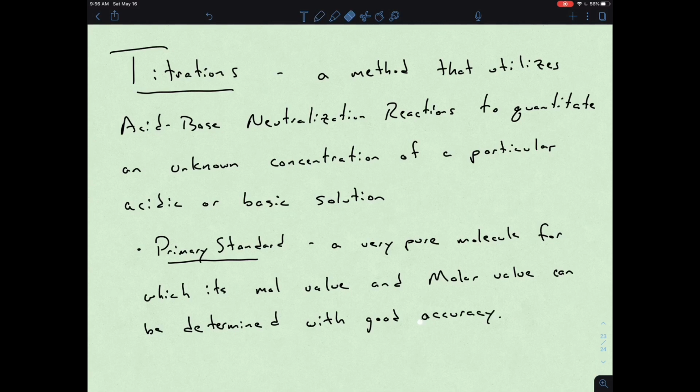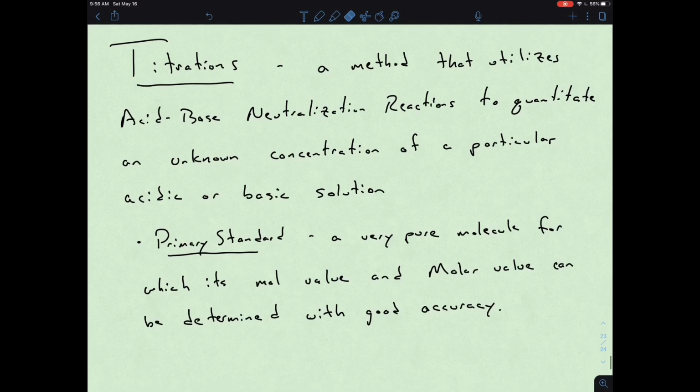So we often use a primary standard to really figure out something else. It's a very pure molecule, which we can really know absolutely its mole value, subsequently its molar value, and this can all be determined with good accuracy.